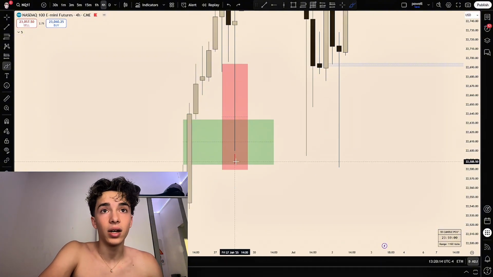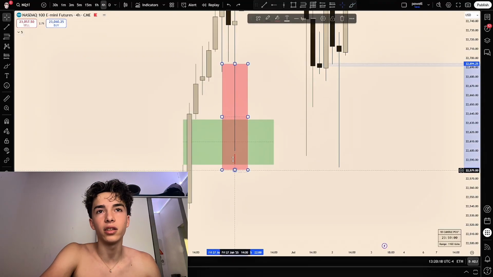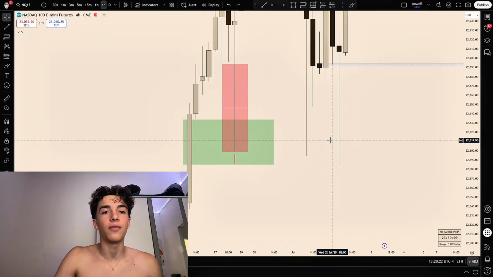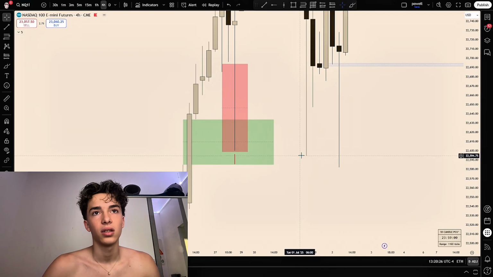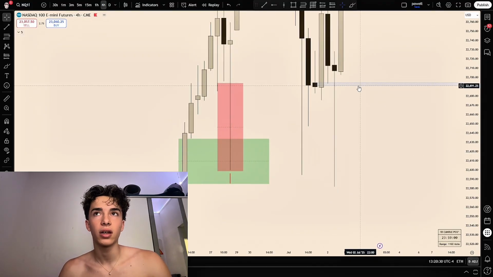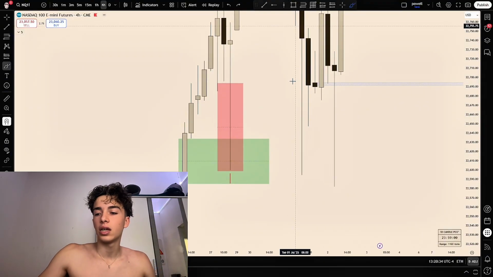But since the price stayed precisely inside the gap, there's a very high probability that the gap got respected, and now we want to see a strong rejection.